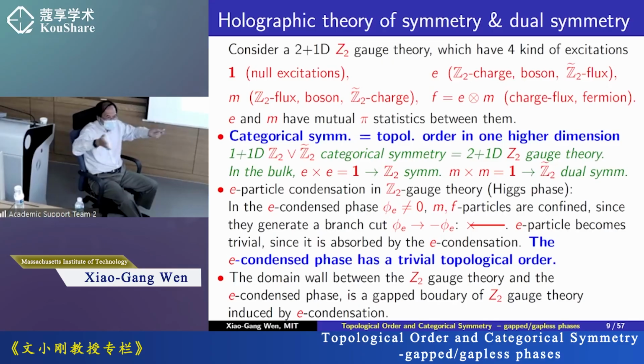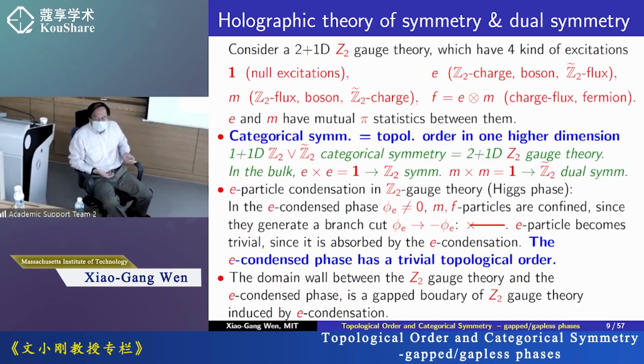The energy diverges linearly, and therefore the MF has a linear confinement in this condensed phase. And also in the E condensed phase, the E particle is trivial because it can be absorbed by the condensation. So therefore, in the E condensed phase, there's no excitation. So I expect this trivial topological order is a product state. Okay, it's really a product state.